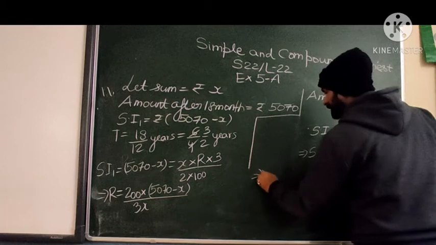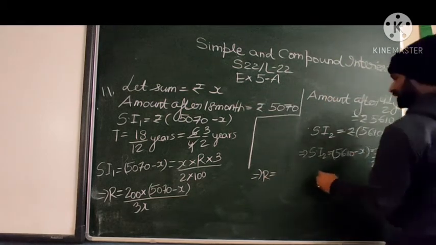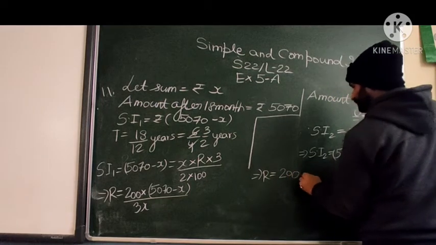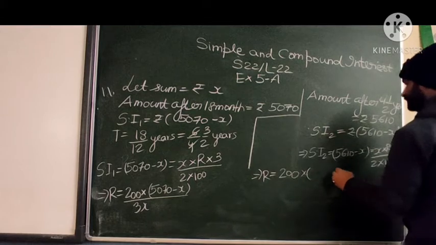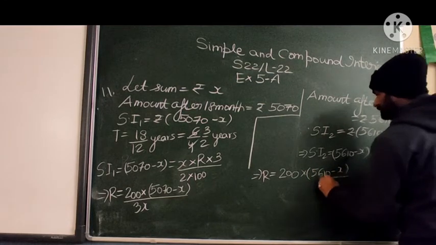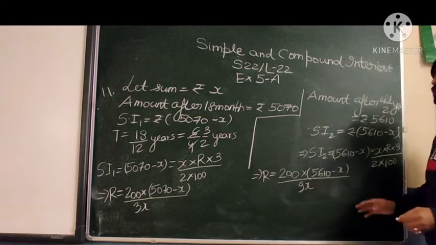This implies that R is equal to 200 into 5610 minus X upon 9X. Now we have got two values of R.